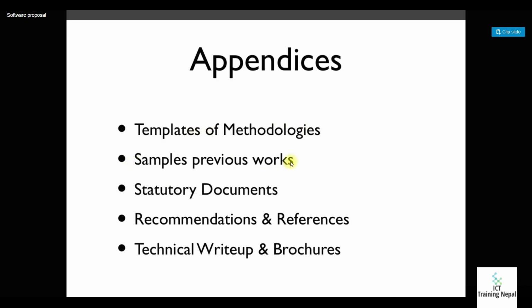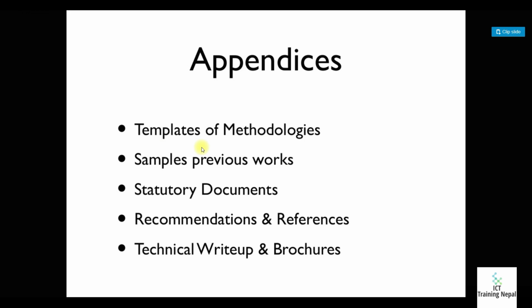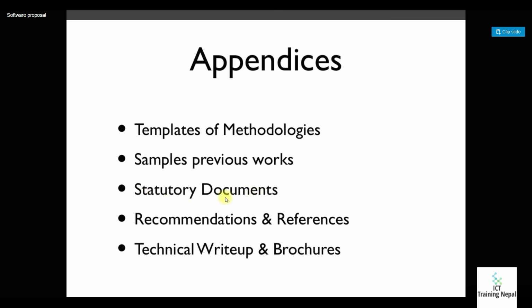The other thing you have to include is sample previous work. You have to specify sample previous work of your company. The other thing is the statutory documents, which you have to make to support your proposal.